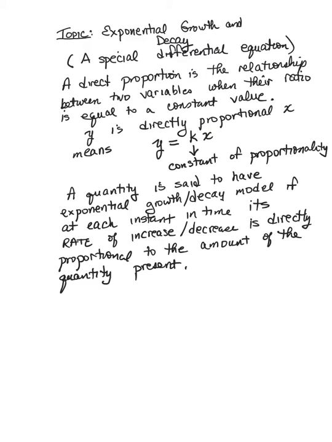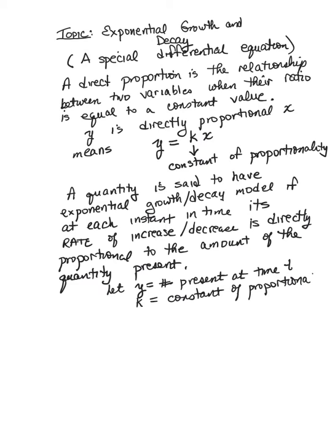And let's just represent this symbolically. Let y equal the number present at time t, and let k equal the constant of proportionality. So we could represent this definition as follows.